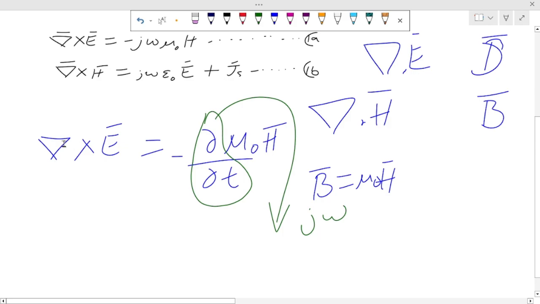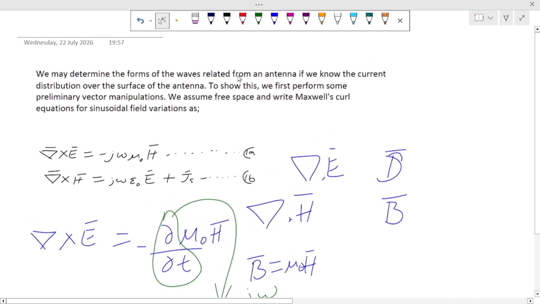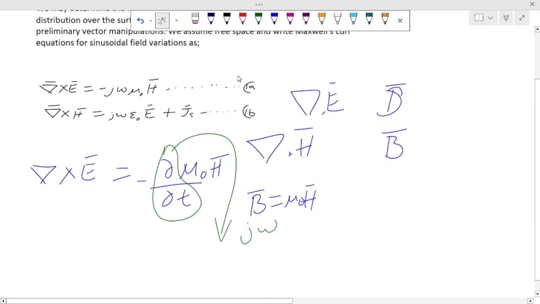It's just like what I did to the first one, the same idea goes here, plus the current density. We'll continue from here in the next video.